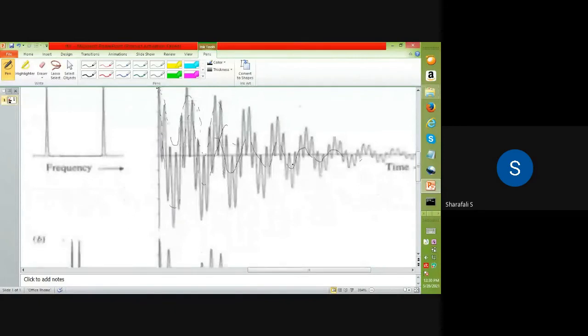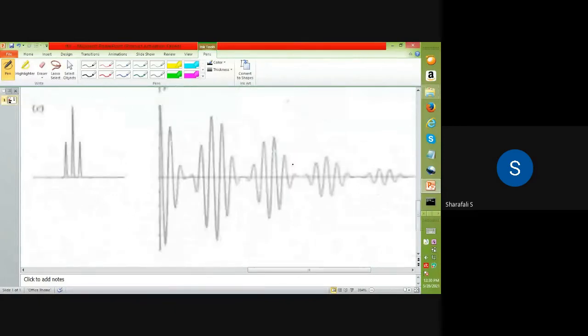Similarly, if you are having three frequencies, then we have a different kind of pattern like this, along with that cosine variation with the intensity. So in this case also we will get that pattern.